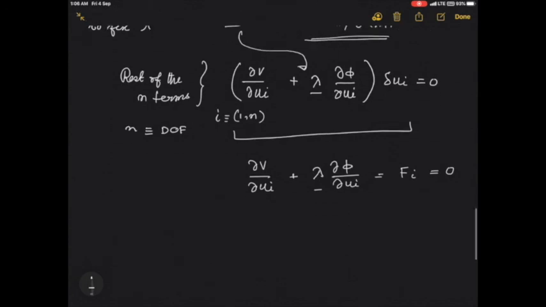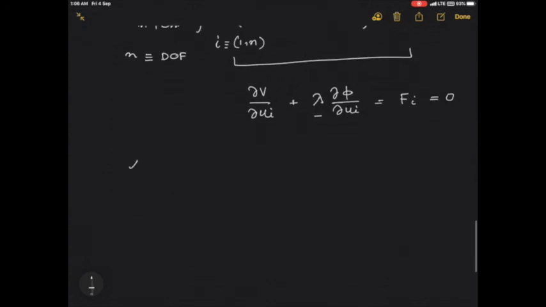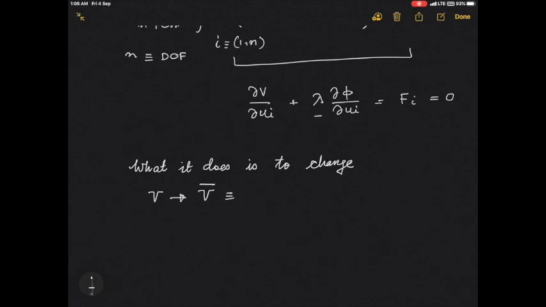And if you look at this stage, what it essentially does is to change V to an effective potential, which is just V plus lambda j phi j.